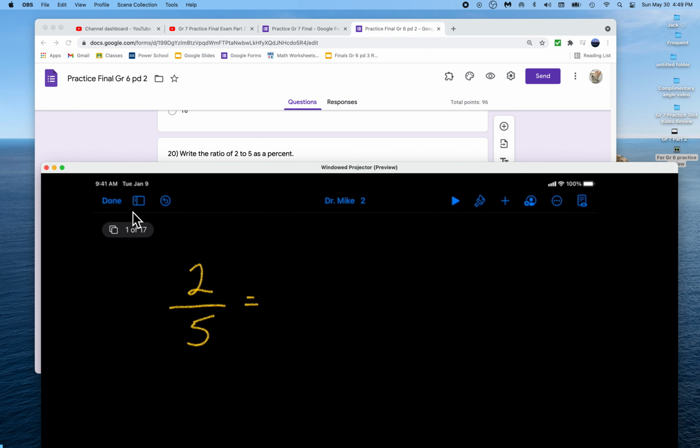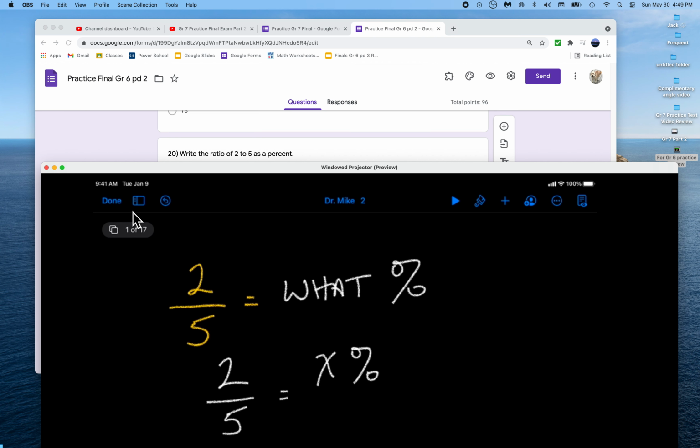Well, the way I like to do this is 2 over 5 equals what percent? 2 over 5 equals X percent. 2 over 5 equals X over 100.